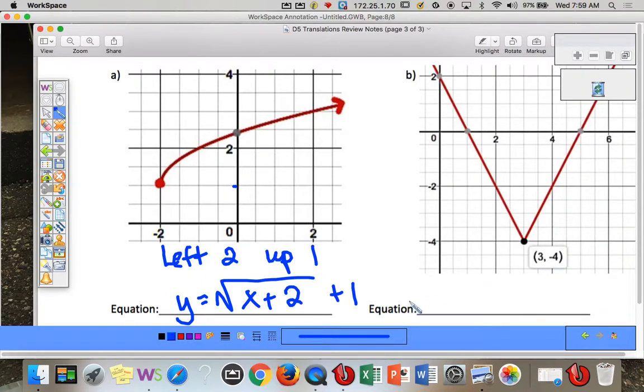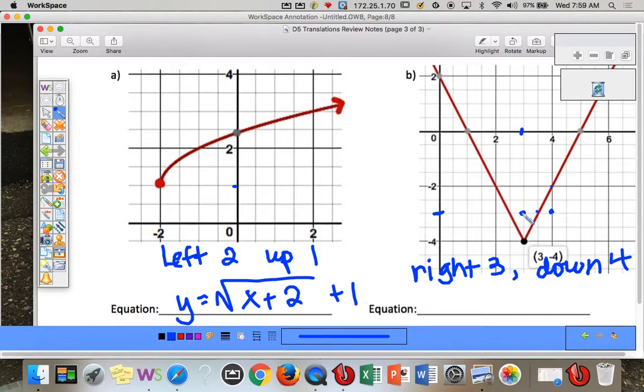Okay, the next one, absolute value. This goes right 3, down 4. Let's check the slope. Here's a 1, so it looks like we go up 1, over 1, no, up 1, and we go over 1/2.